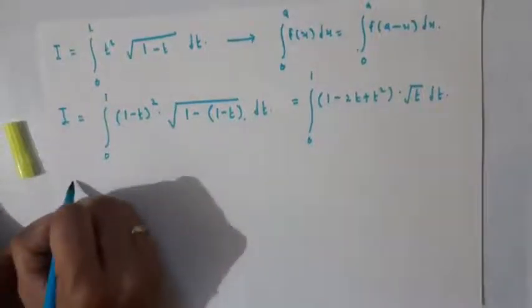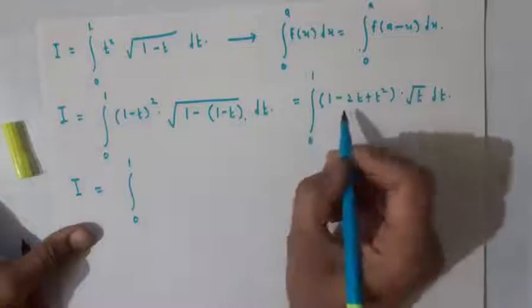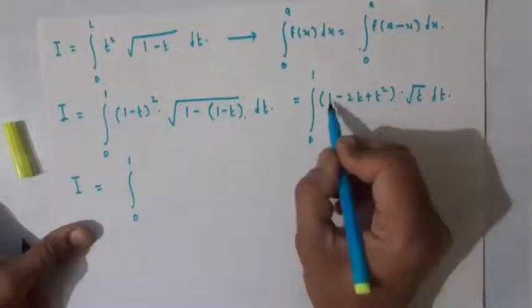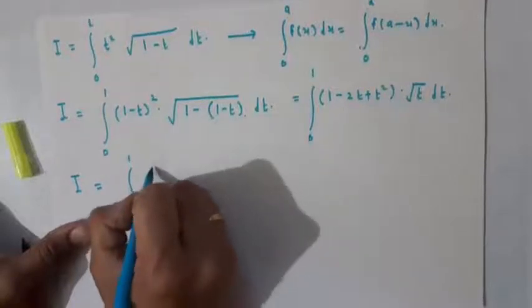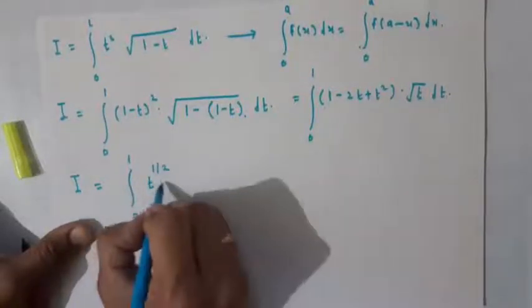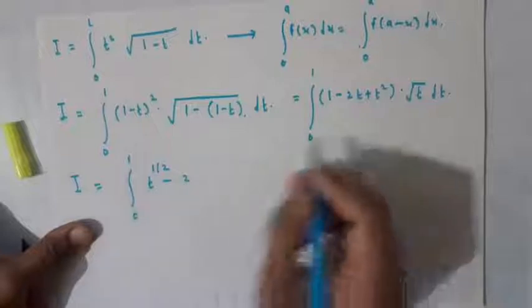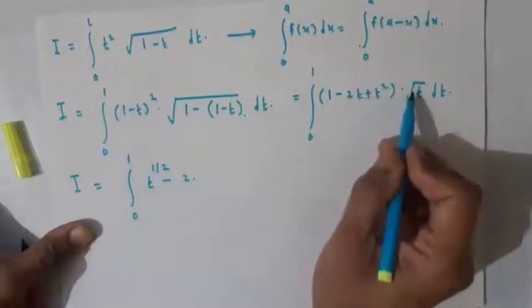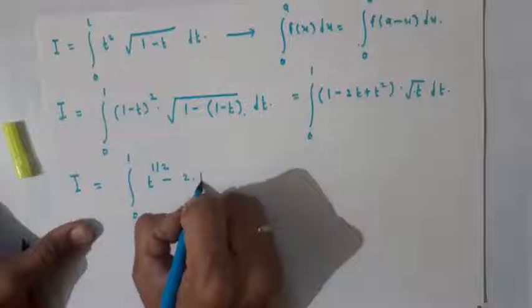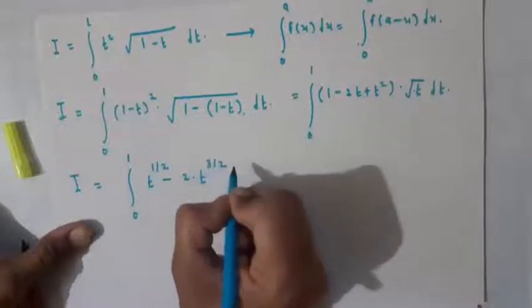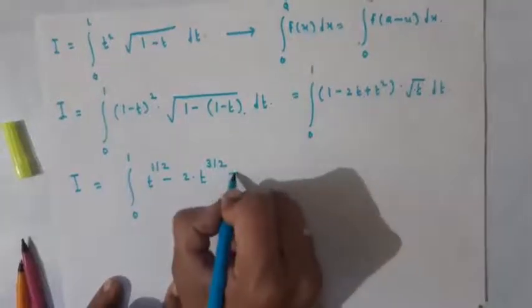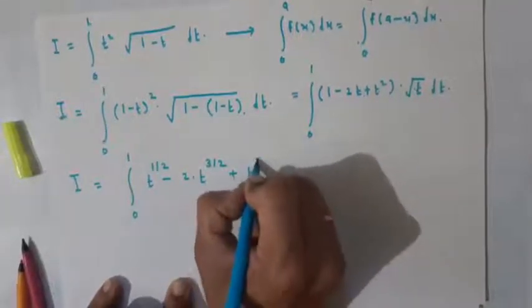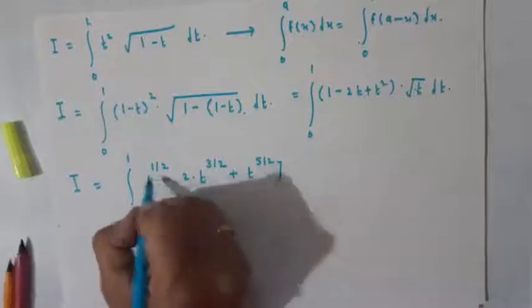And now our integration I equals the integral from 0 to 1; multiply with root t into 1, that is root t, which is t raised to half, minus 2 into t into root t, that is t raised to 3 by 2, plus t square into root t, that is plus t raised to 5 by 2, with respect to t.